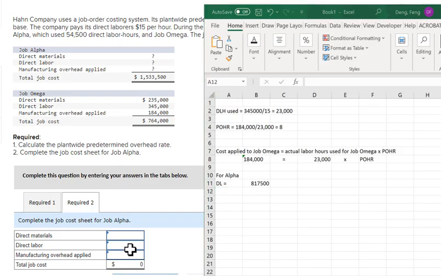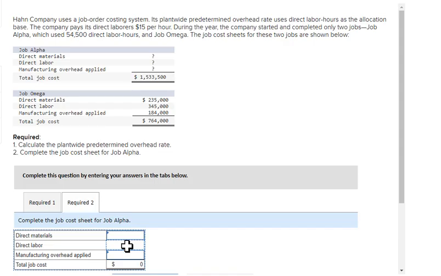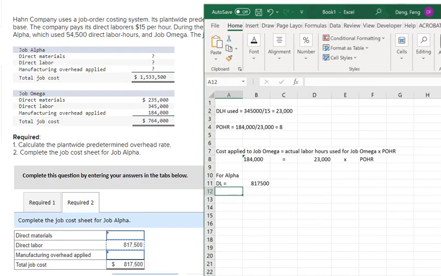So we're going to put 817,500 here. And then let's find out the manufacturing overhead costs applied. Because we know the application rate is $8. We already calculated that one.